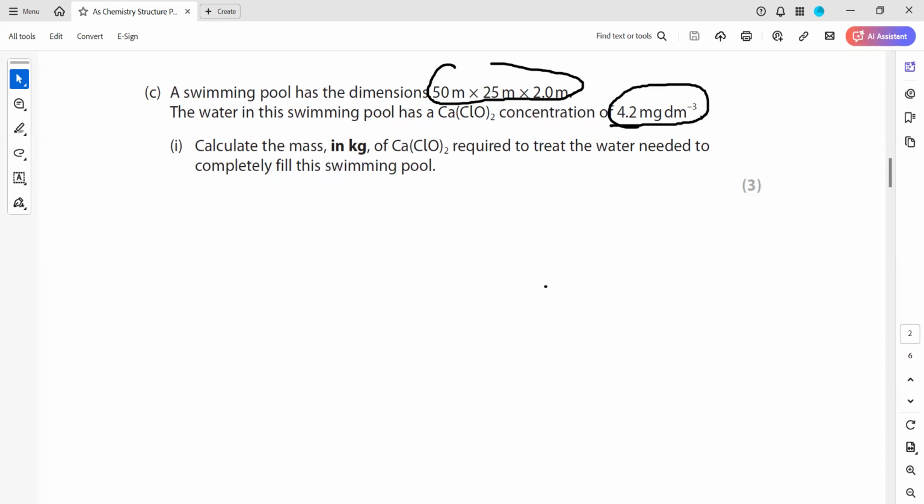So if we work out the volume of the pool, we multiply 50 times 25 times 2. So 50 times 50 will be 2500 and the unit will be meter cube.